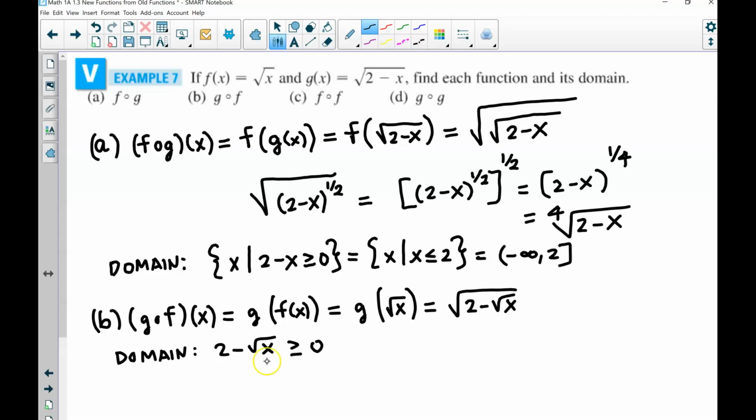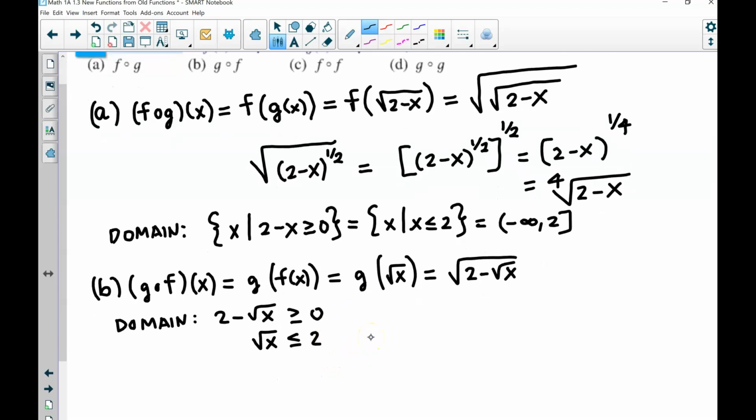Now, if we wanted to solve for the square root of x, we would subtract 2 from both sides, divide by negative 1, and then flip the inequality. So we would have the square root of x, which is now less than or equal to 2. And if we square both sides, then x would be less than or equal to 4.